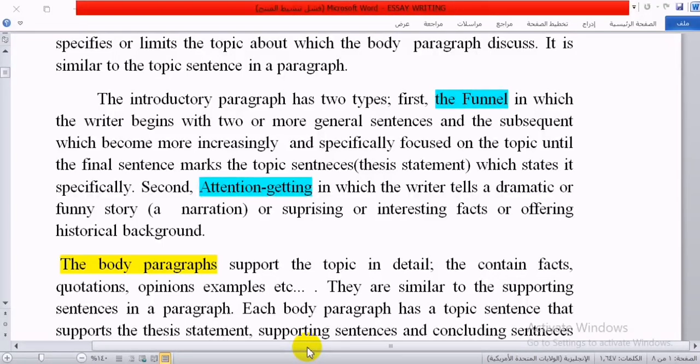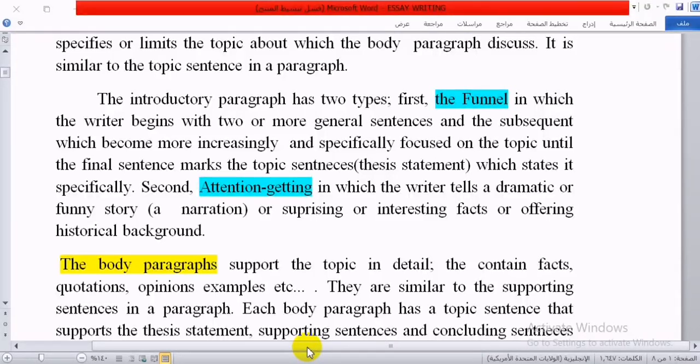It means that as far as writing an essay is concerned, we start the introductory paragraph with certain general sentences about the topic, and we become more specific and increasingly focused on the topic till we reach the final sentence, which is the topic sentence, which is the thesis statement. So we move from general to specific. This is called the funnel introductory paragraph.